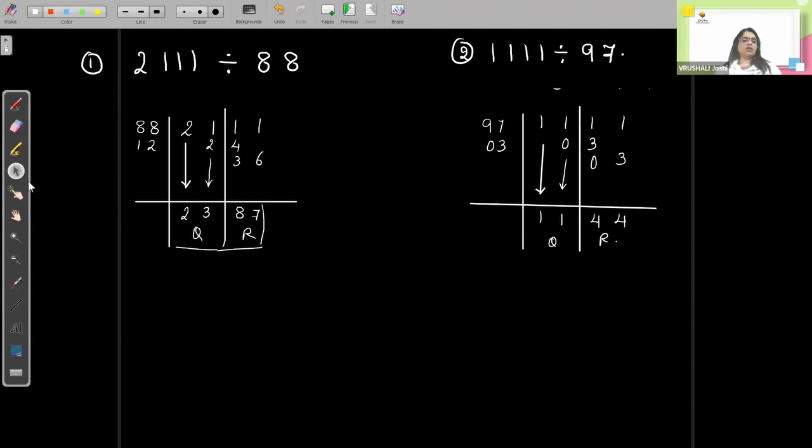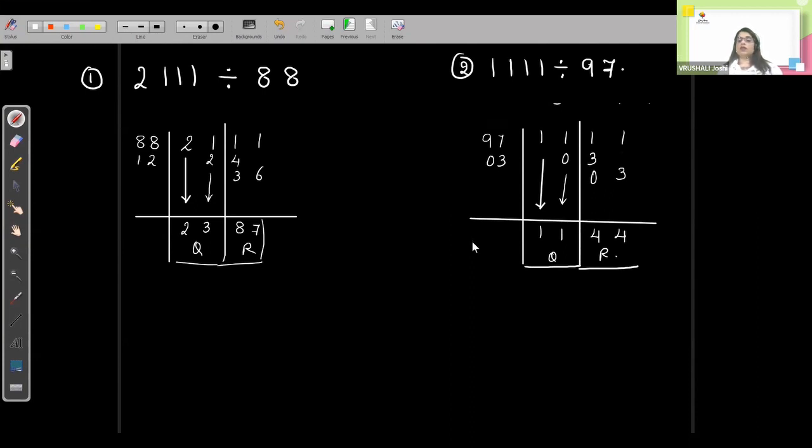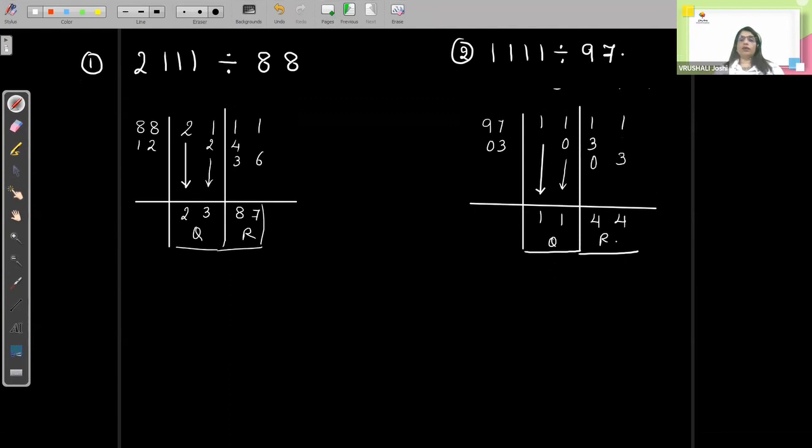Okay, so this is what we get, our answers. And I hope you guys have got these answers at the end of the question, correct? Yes? Now, the same technique we can apply for even larger numbers. I'm going to take a number which is pretty large, and you will see how this same technique will work for numbers which are even slightly larger.